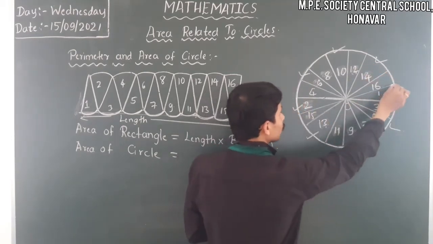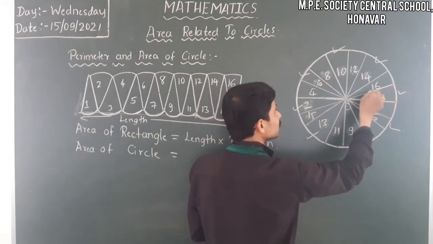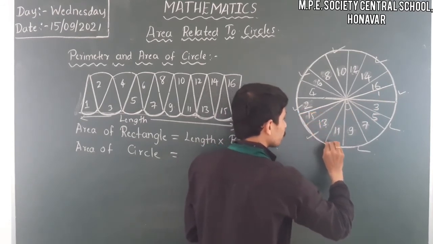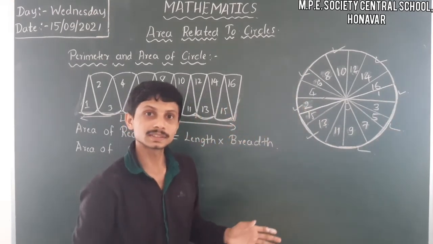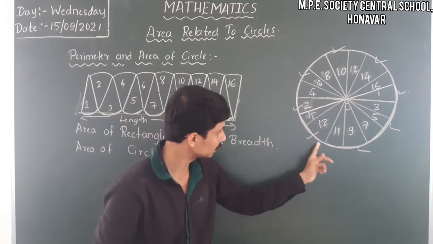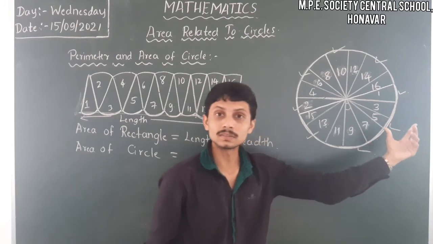Just observe, when we are taking 1 to 16, this is the exact half of the complete area of the circle. Only this part we are considering, which means these are the parts of the circumference.